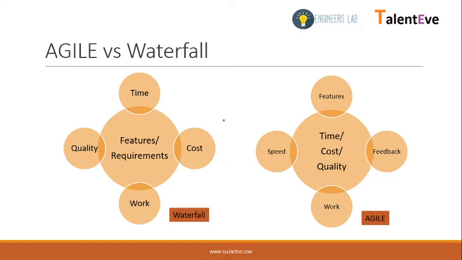Now let us talk about the difference between Agile and Waterfall. In the Waterfall methodology, one of the major criteria is that the features or the requirements are developed at a very high level, where some expert sits and defines the features and requirements, and then those are drilled down to the team further below, where the team uses them to come up with the design.